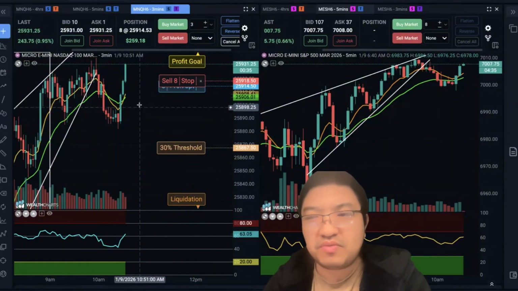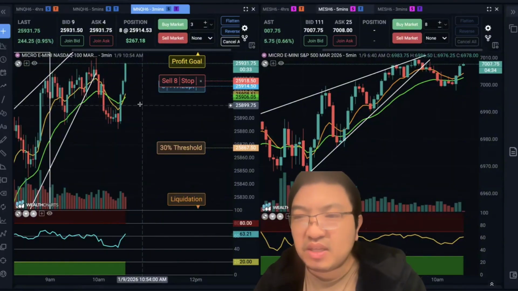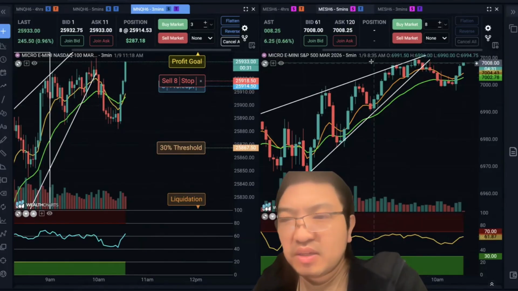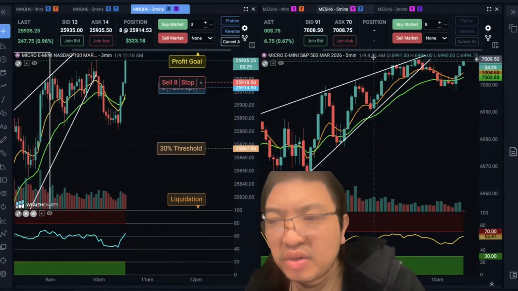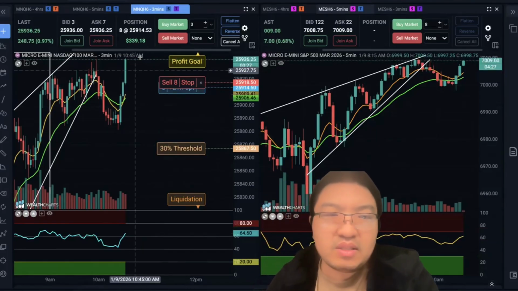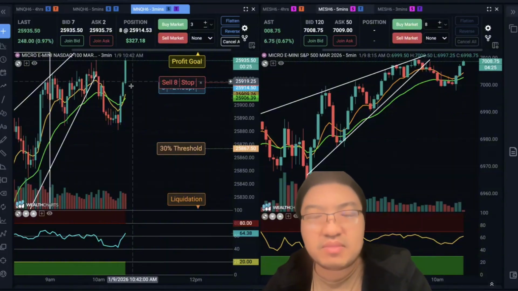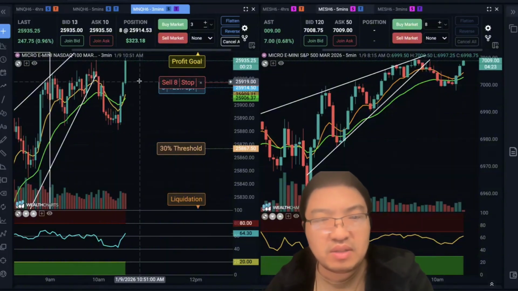I don't set a take profit here. It's a little bit risky. Maybe at the equal high, I should set something, but this is super strong. How come some big momentum comes in super strong?